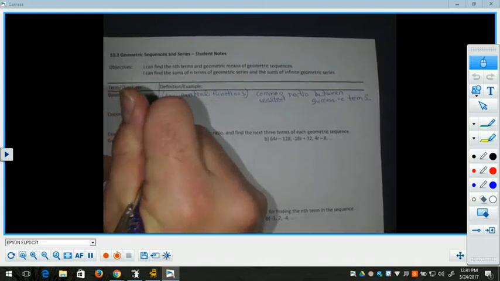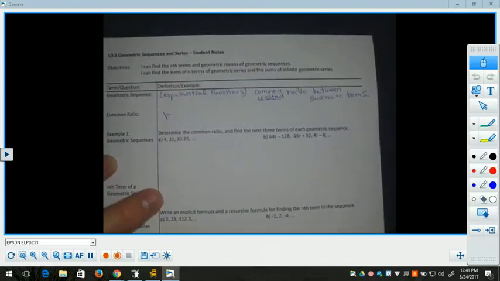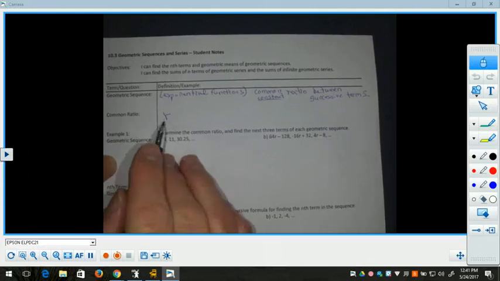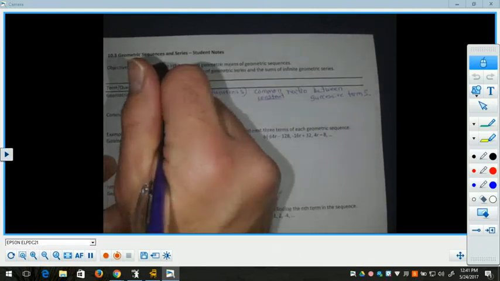We call that common ratio r. It's kind of like our common difference d. Our common difference d in 10.2 was the slope of the equation. Our common ratio r is going to be the base of the exponential function.